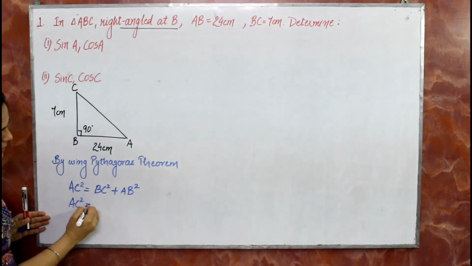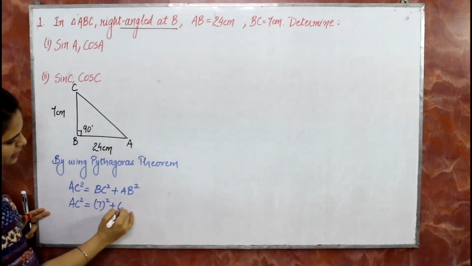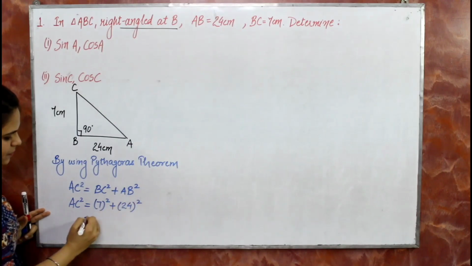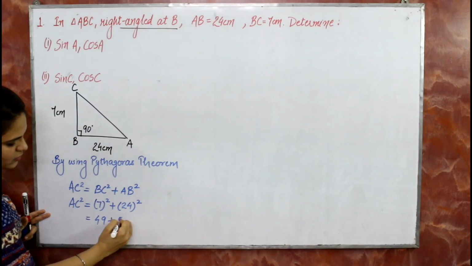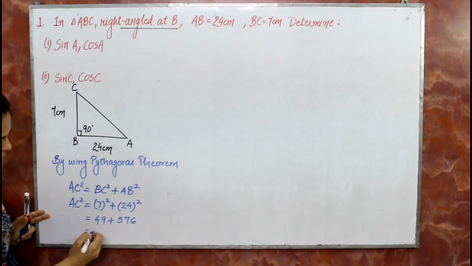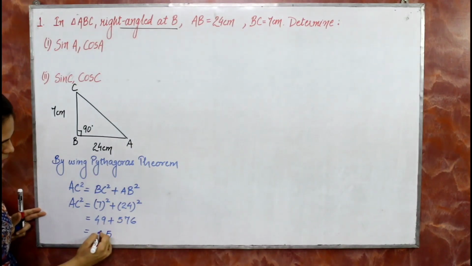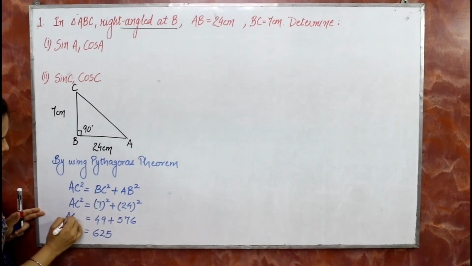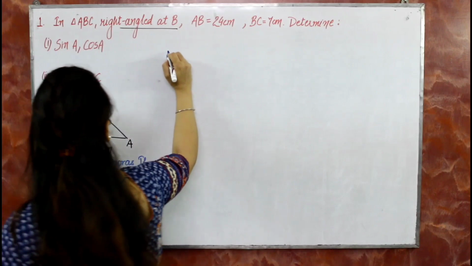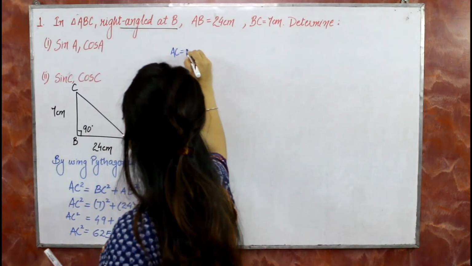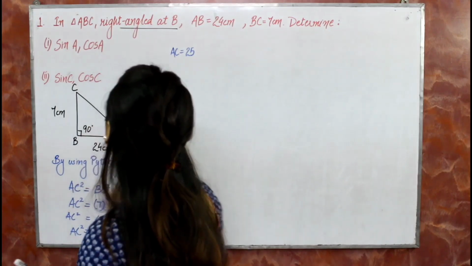Now AC square is equal to the value of BC, 7 square, and AB, 24 square. 7 square is 49 plus square of 24 is 576. You will get 625. By taking square root on both sides, you will get the value of AC, which comes out to be 25. That means our hypotenuse is 25 centimeter.